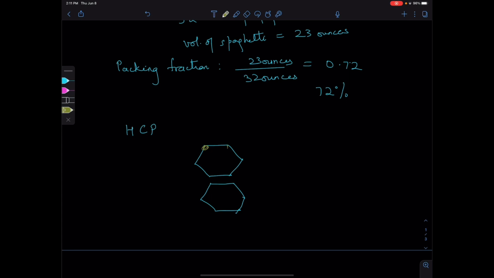In a hexagonal close packing, the atoms are arranged in the corners of a hexagon in a lattice structure, and there is one atom in the middle of the hexagon, and then in between these two layers of hexagon there are 3 atoms which fill in the void.